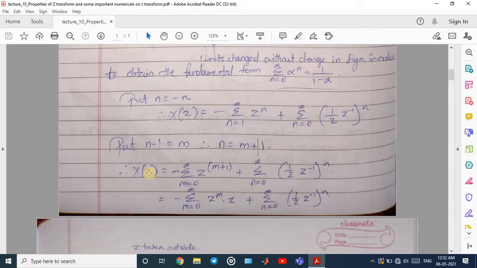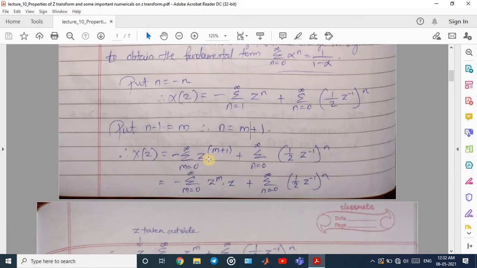So X of z equals minus, outside as it is, summation m equals to 0 to infinity as it is, then z, this n will become m plus 1. So write down z to the power m plus 1, plus summation of n equals to 0 to infinity and this term as it is.